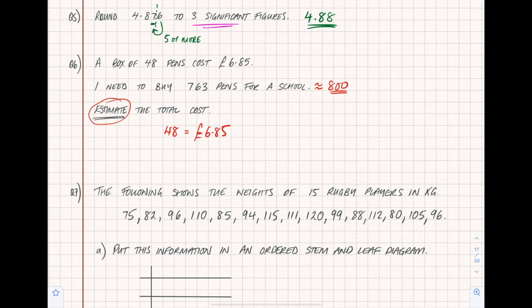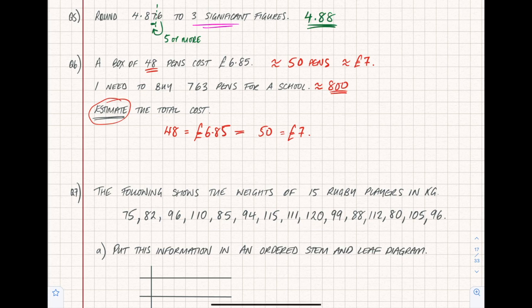So I've got to buy approximately 800. Now, if it's a box of 48, I could say that's approximately a box of 50 pens. And if it's £6.85, I could say that that's approximately £7. So all my values there I've rounded. Okay, so that has turned to 50 is equal to £7.